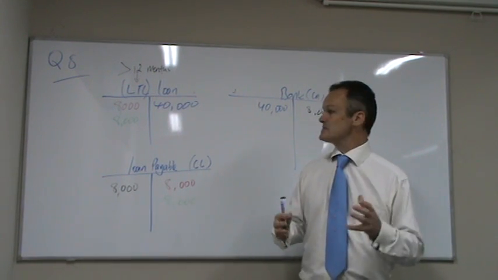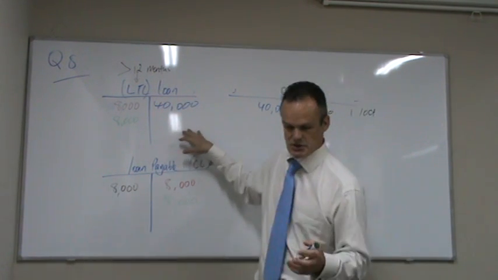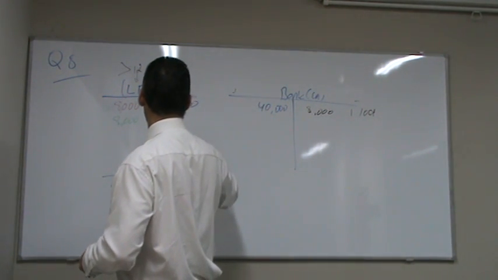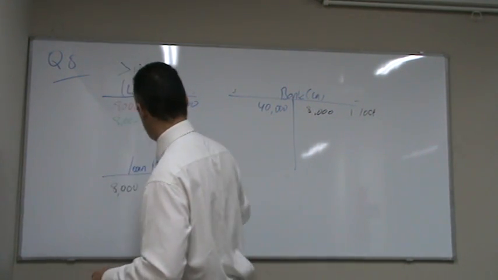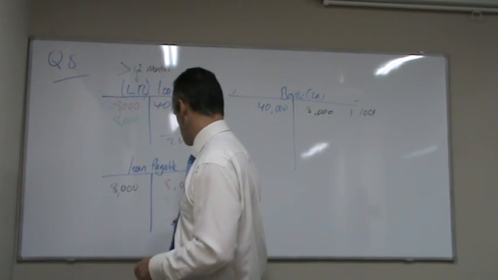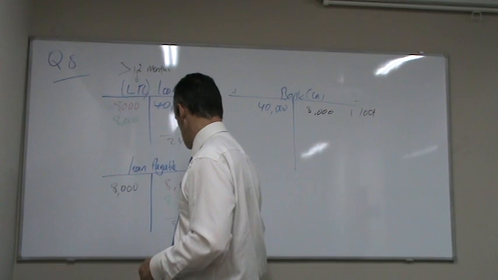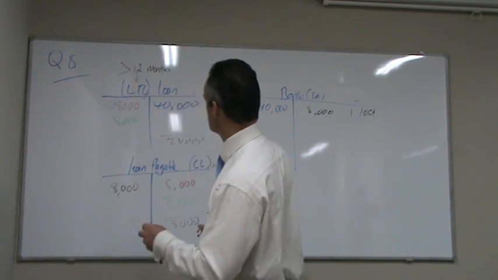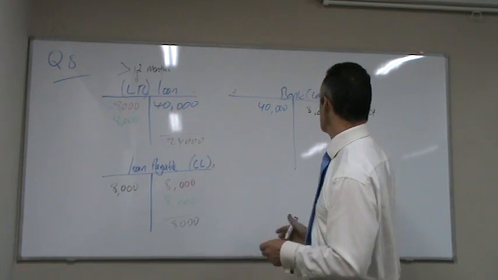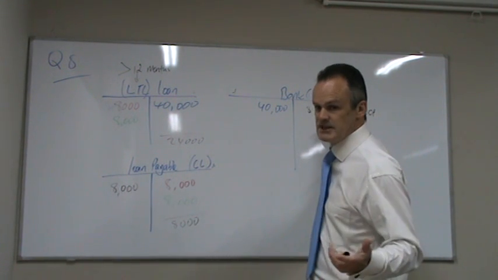So it still comes to the same thing, because if we were to total this up at this point, this is now 24,000. Down here in the payable, the increase here, we've got 8,000, so that's 32,000. And in our bank we've got minus 8,000.